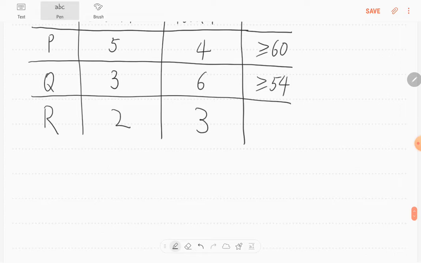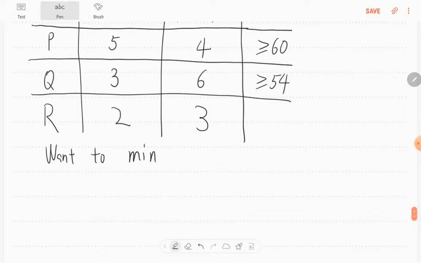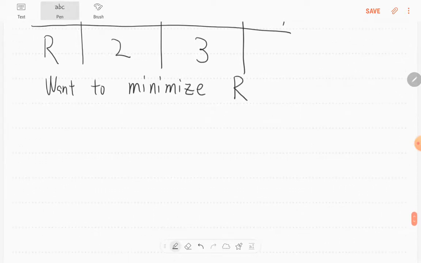So we want to limit intake of R. That means we want to minimize the intake of this substance R. If we let x be the grams, to mix a special blended food for your pet, you need x grams of food number 1.